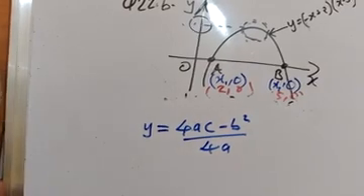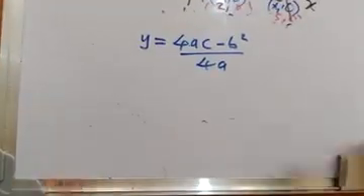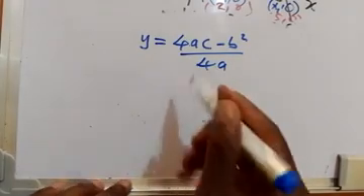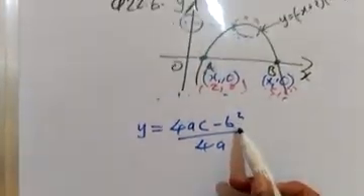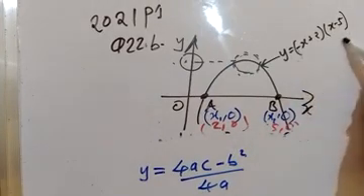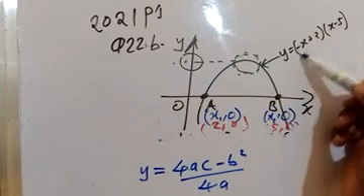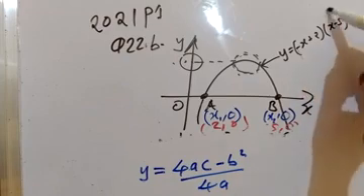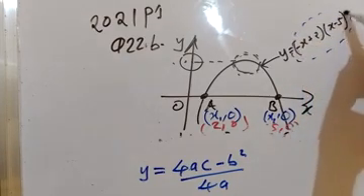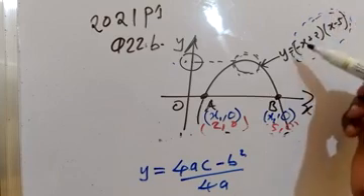So now, the easiest way of figuring out the values of a, c and b from this is by first picking this and expanding it.